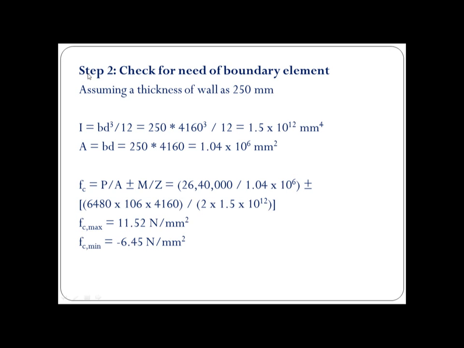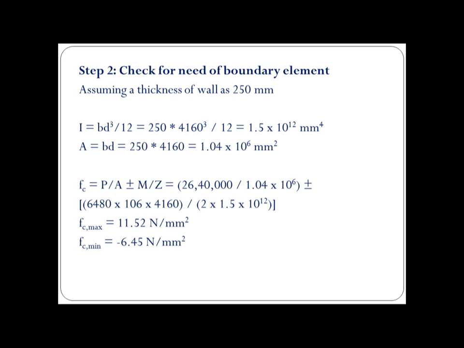Then we need to check the boundary element. For that we need to calculate the bending tensile stresses, so we need to calculate the moment of inertia and the cross-sectional area. Moment of inertia is B D cube by 12, where B represents the thickness, 250 mm, and D will be the depth of the wall.